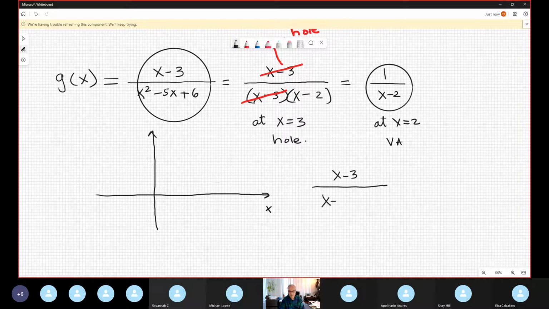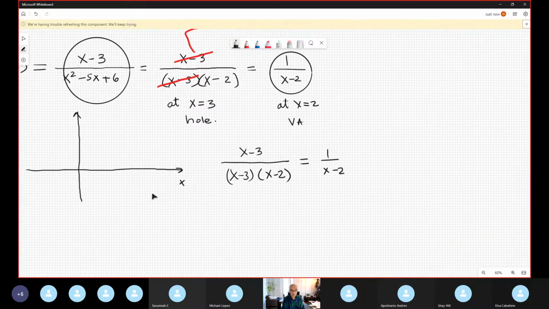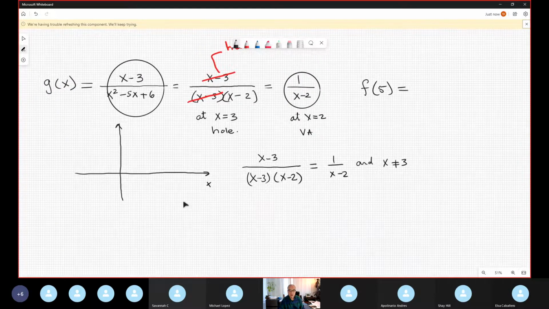So we can affirm that x minus 3 over x minus 3 times x minus 2 is equal to 1 over x minus 2. Well, 99% of the time, but not 100, because this is equivalent with x not equal to 3. In conclusion, in few words, super short, you can evaluate, for example, g at 5, the name of the function is g.